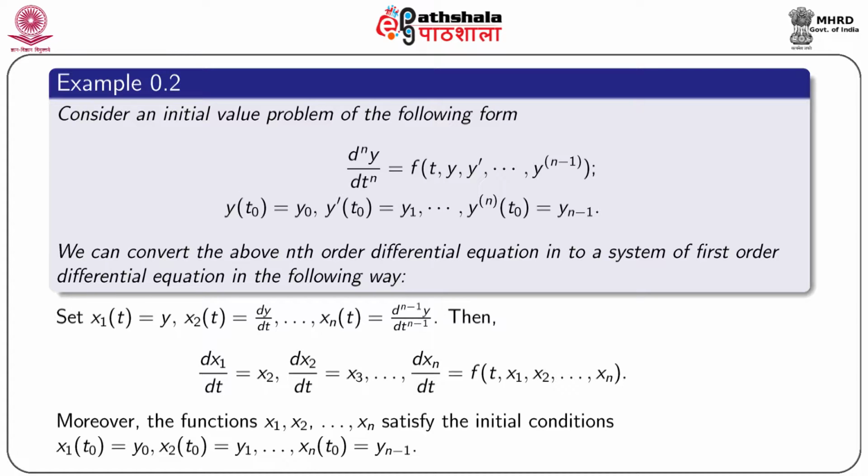You just substitute x1(t) equal to y, x2(t) equal to dy/dt, ..., xn(t) equal to the (n-1)th derivative of y, that is d^(n-1)y/dt^(n-1), and then we will get dx1/dt equal to x2, dx2/dt equal to x3, like that, dxn/dt equal to f, some function of t, x1, x2, ..., xn.